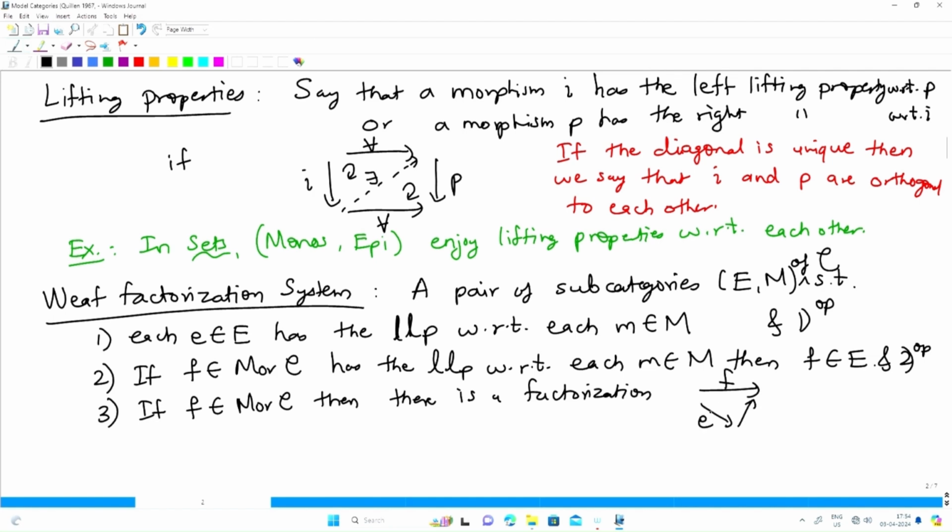So this is an E and this is an M. That is functorial. So this functorial factorization is being encoded in this. Maybe I should write WFS over here.